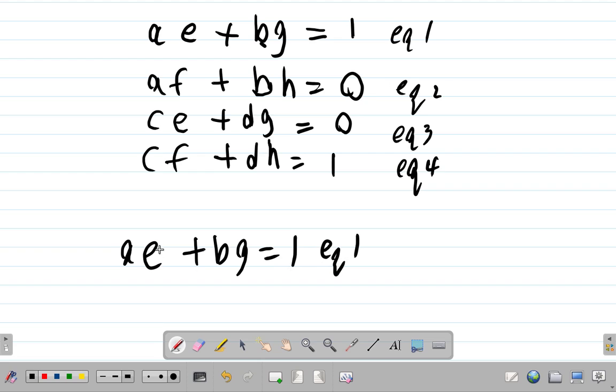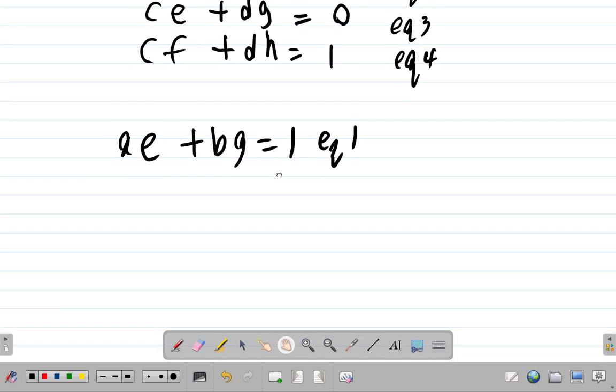Suppose we make E the subject of equation 1. Here, what we would have to do is subtract BG from both sides. So we'll have AE equals 1 minus BG. It will have subtracted itself on the left.